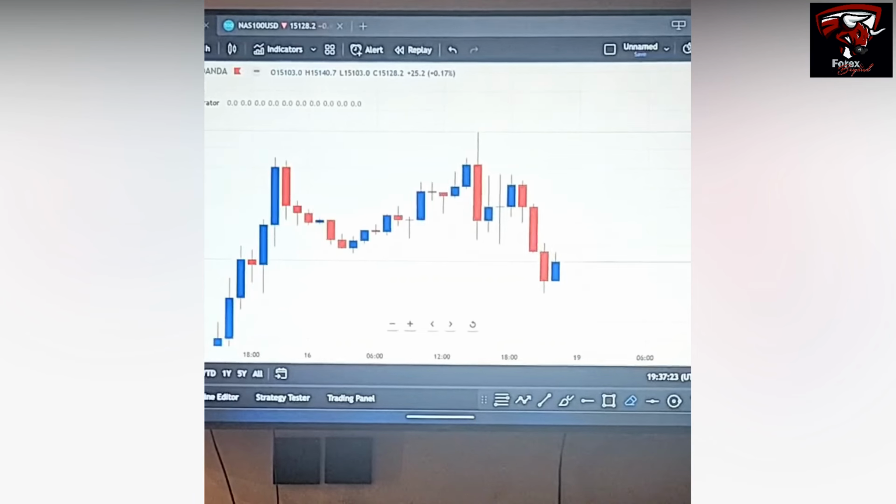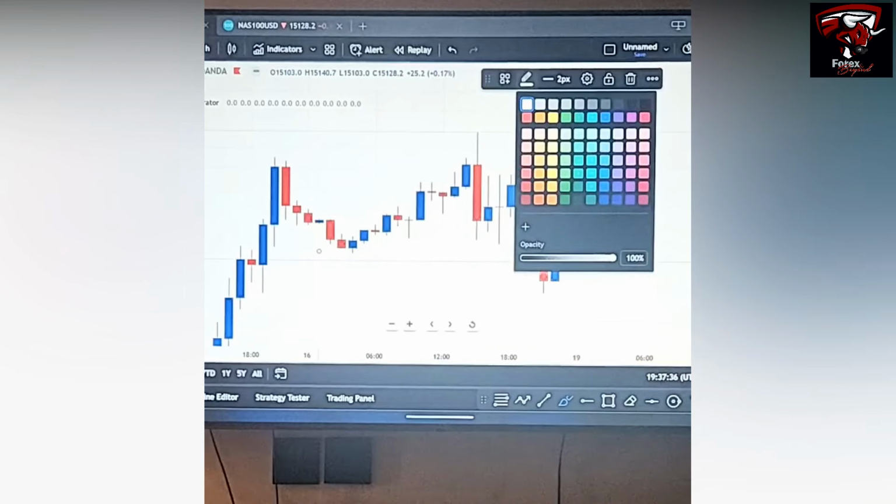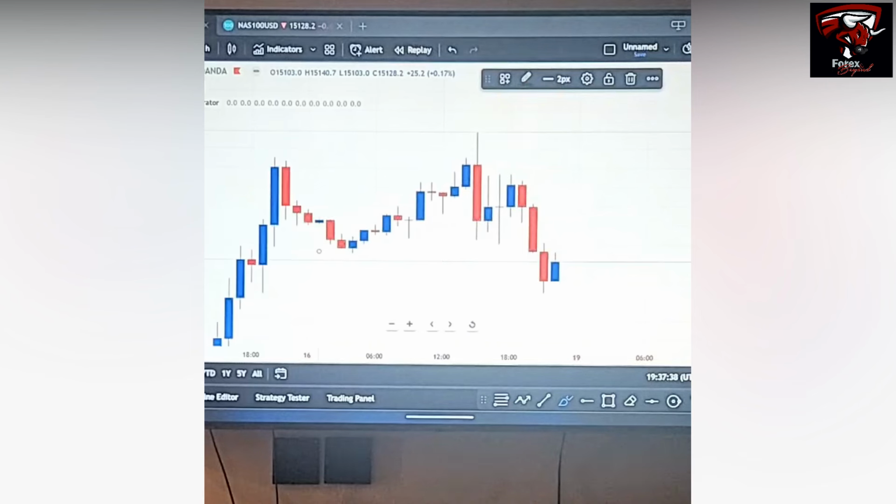So as I said before, liquidity is generated right over there. Let's turn that into a different color, so we can put that into black. Like I said, liquidity is generated over here.